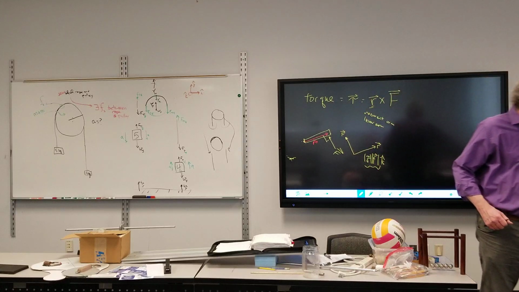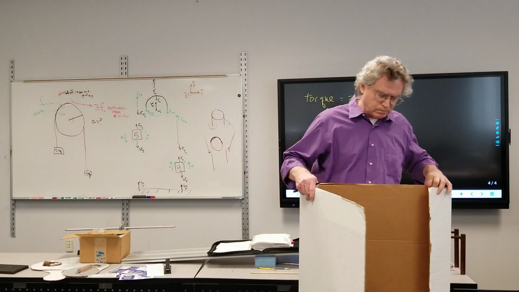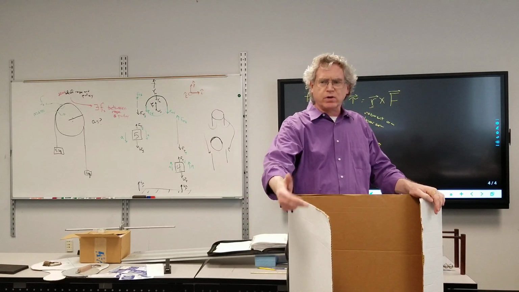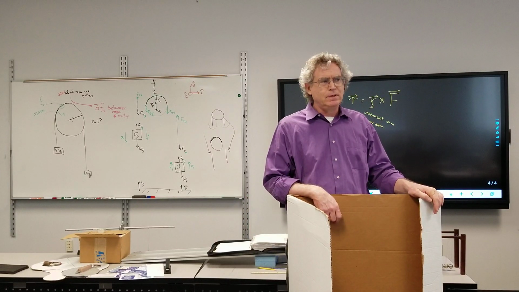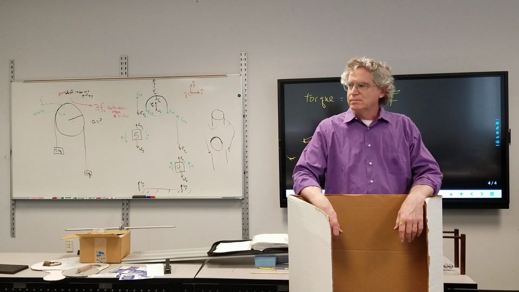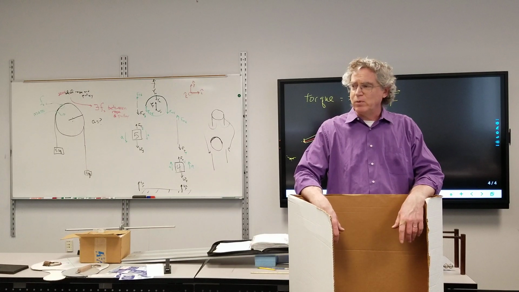So in my incredible prop here of a door, if I close this, what will be the direction of the torque that I will need to apply? And how'd you get that? There are a couple ways.